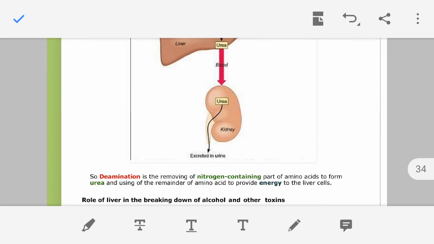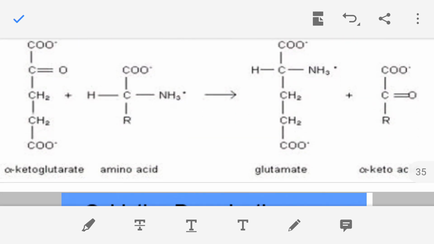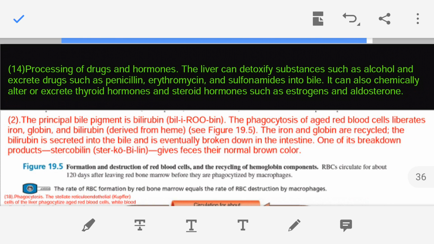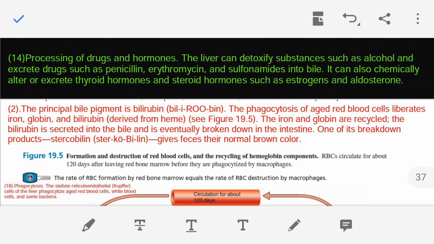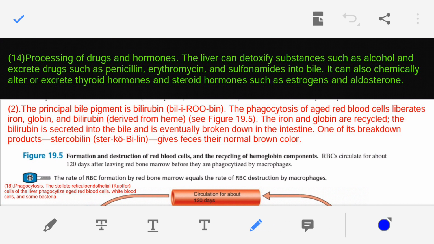Moving on, point number 14. Now, in point number 14, the function of liver: processing of drugs and hormones. Liver processes the drugs and the hormones.